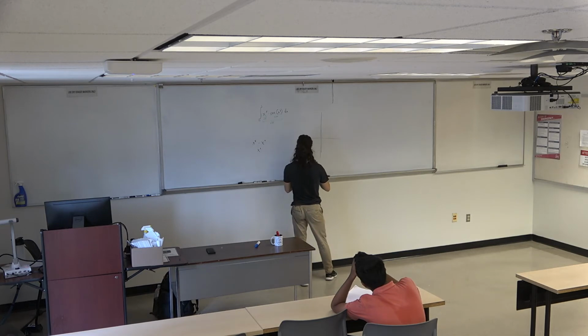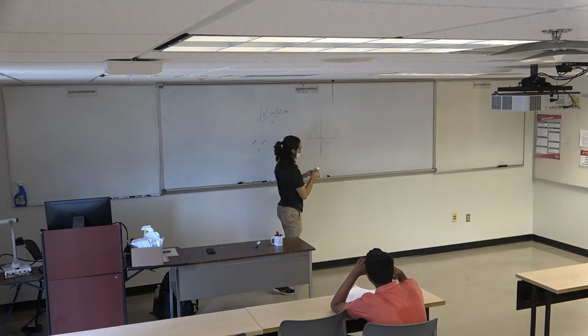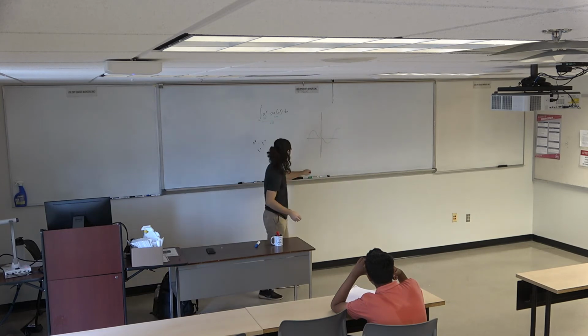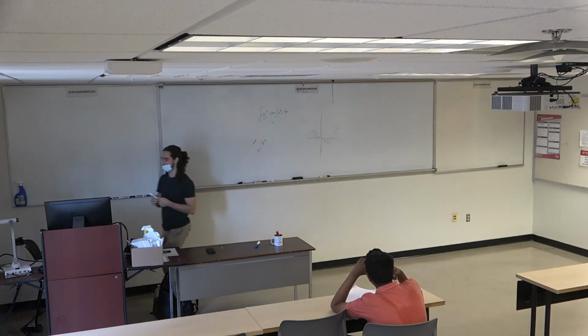How about something like that. The point is, the way that odd functions work is the area to the right of the graph and the area to the left of the graph are always the same.